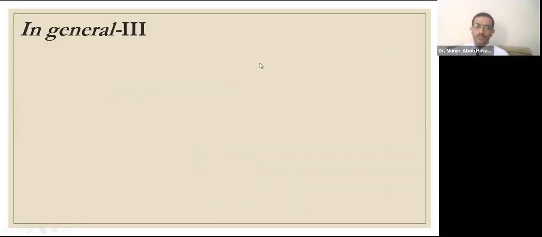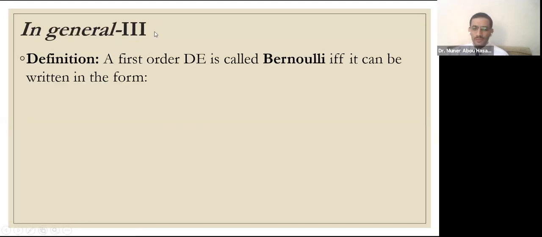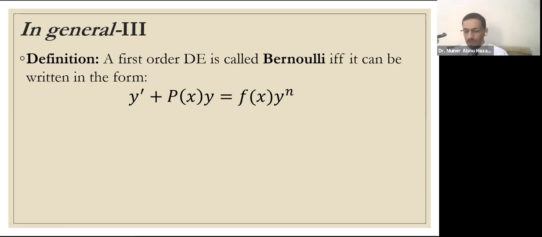And now I'm going to introduce the third kind, which we call Bernoulli. Who is Bernoulli? This man is a very great mathematician who first solved this equation. So the first one who solved this equation was Bernoulli.